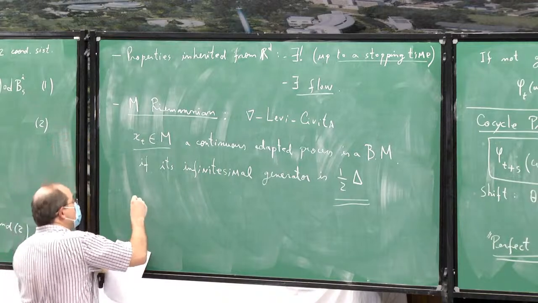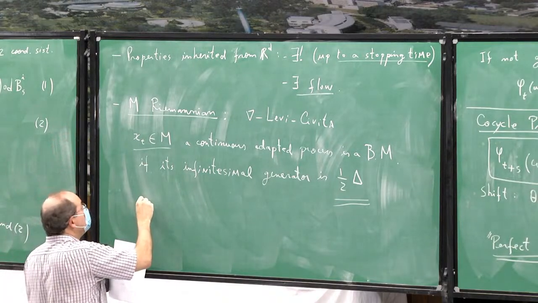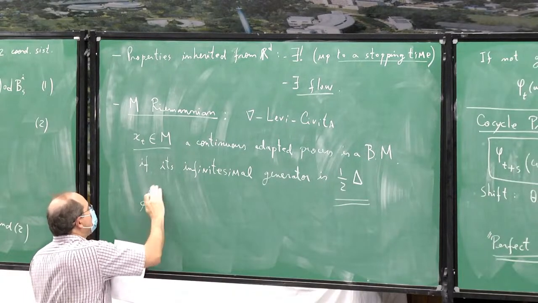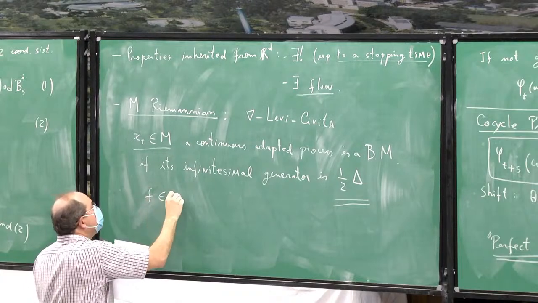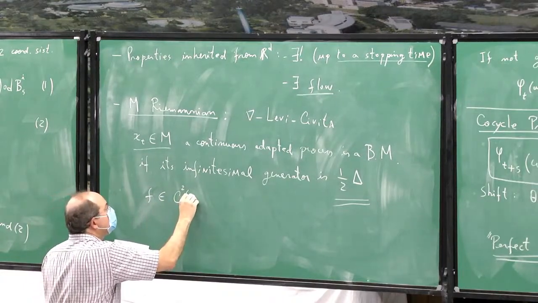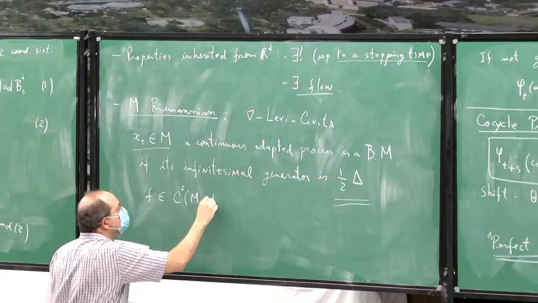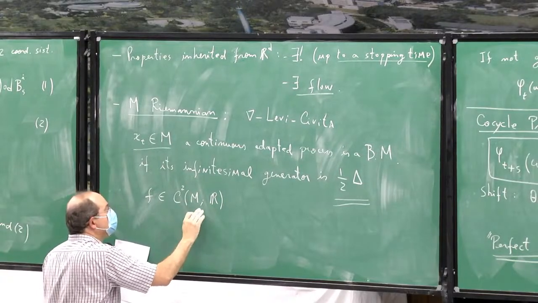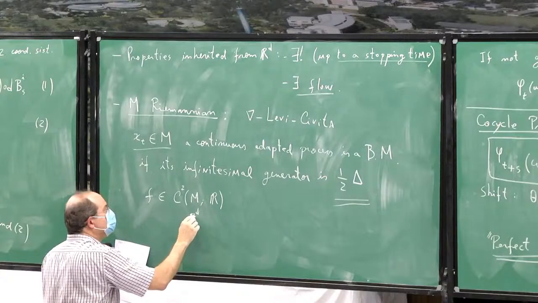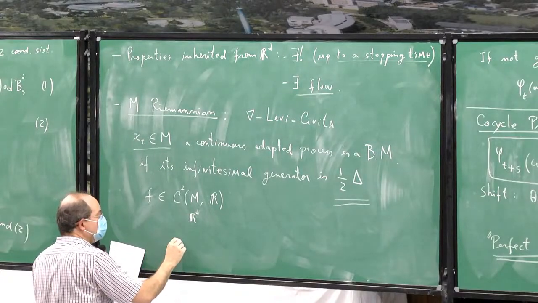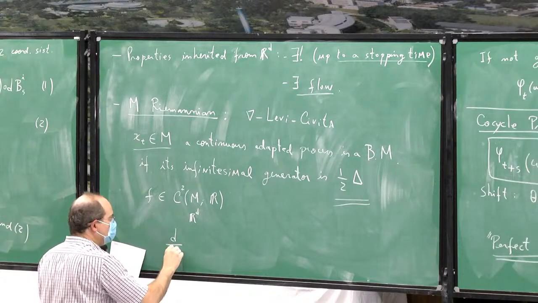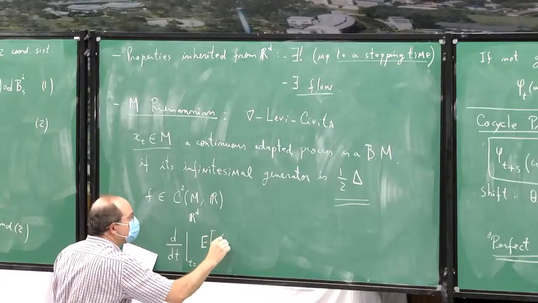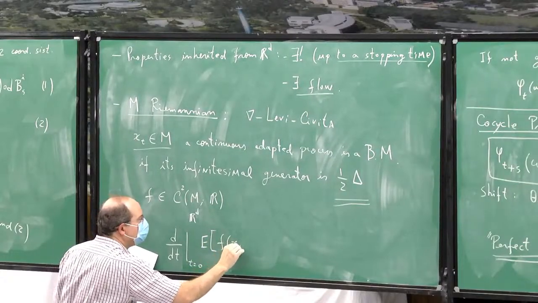The infinitesimal generator of a process, A for f in C^2 of M, a manifold, or in the Euclidean space, is the derivative at time t equals 0 of the expectation of f of X_t.